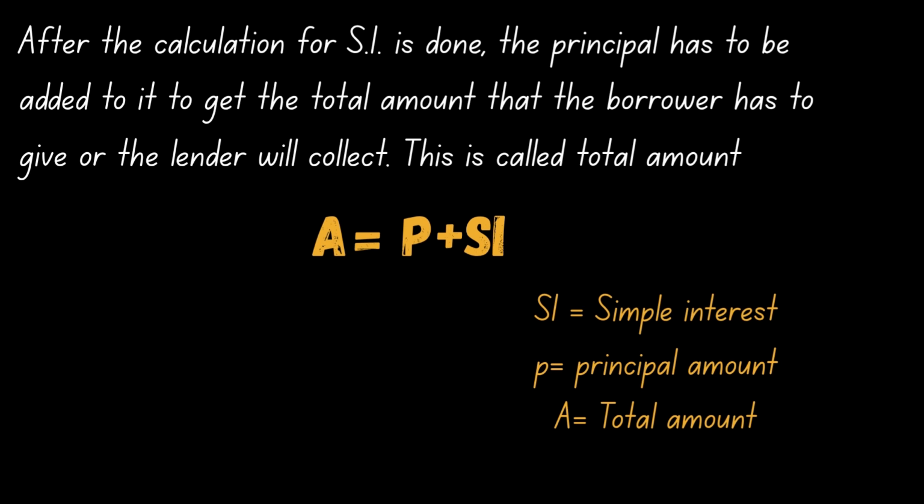After the calculation for simple interest is done, the principal has to be added to it to get the total amount that the borrower has to give or the lender will collect. This is called the total amount: A equals P plus SI. Here SI is simple interest, P is the principal amount and A is the total amount.